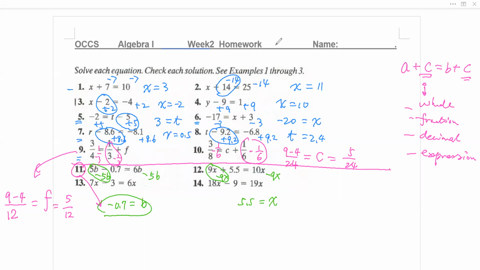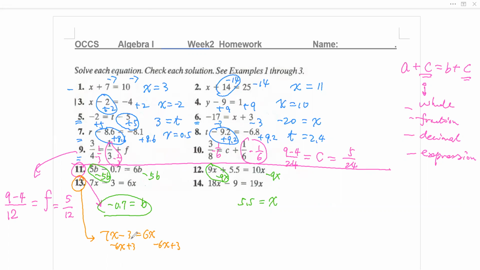Let's see a little bit more different answers about 13 here. 7x minus 3 equals 6x. We can minus 6x first. Both sides minus the same thing, right? This is also an expression. And both sides plus 3. So what's left behind?